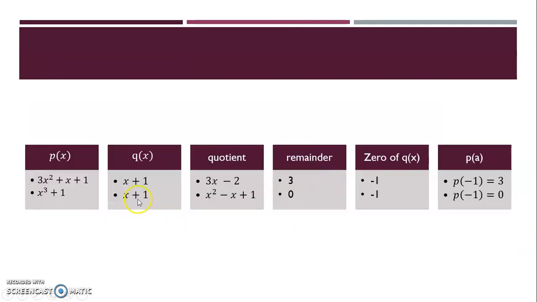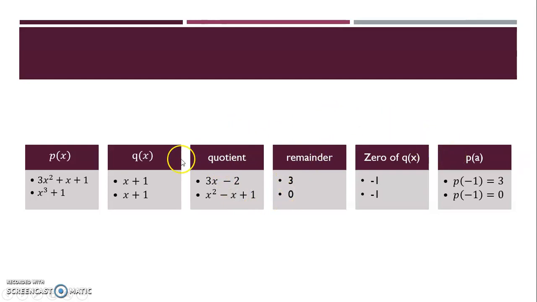So what the remainder theorem tells us is, if we take any polynomial of degree greater than or equal to 1, and we are dividing it with a linear polynomial, to find out what the remainder is, we don't have to perform the long division.